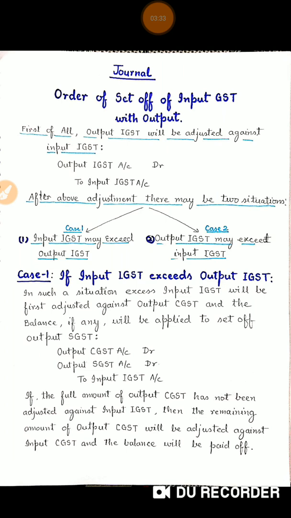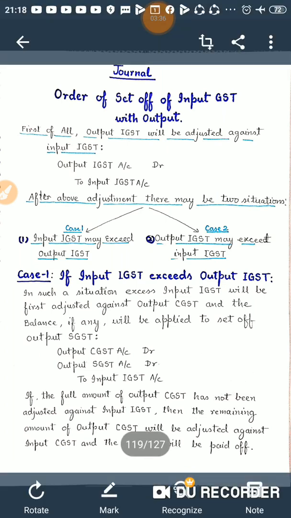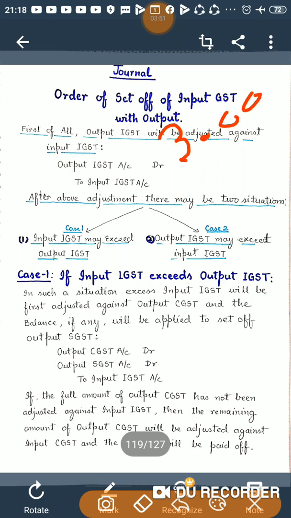Suppose we have output IGST of 30,000 and input IGST of 50,000. This is the first case, when input IGST exceeds output IGST. After setting off 30,000, a balance of 20,000 still remains in input IGST, which is to be set off. How that can be set off, we will see.